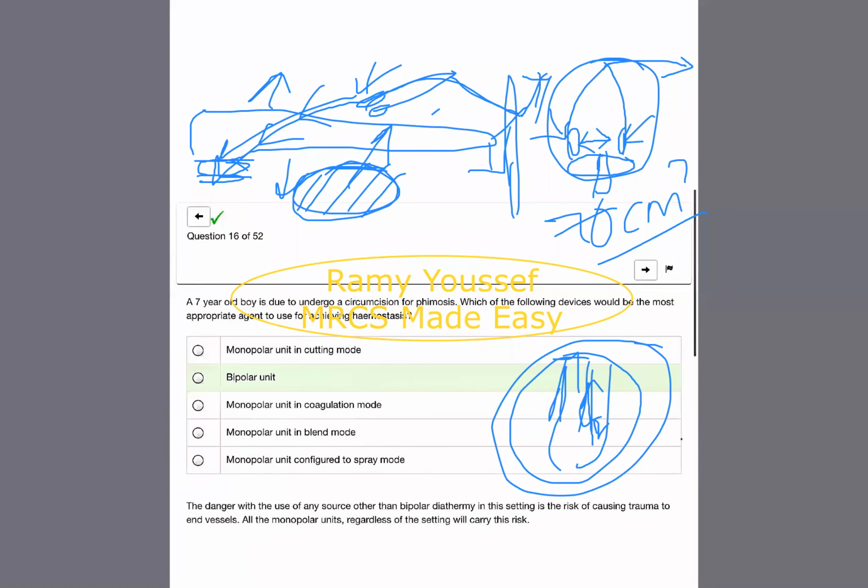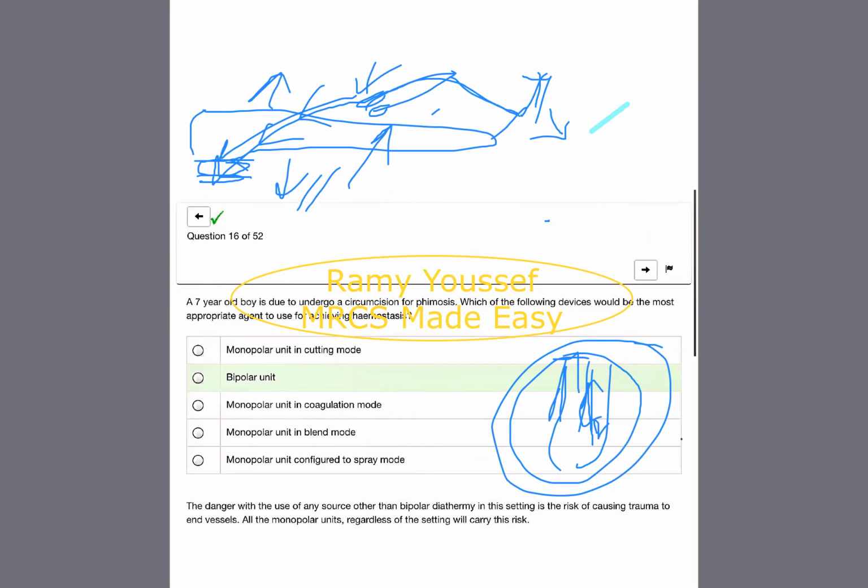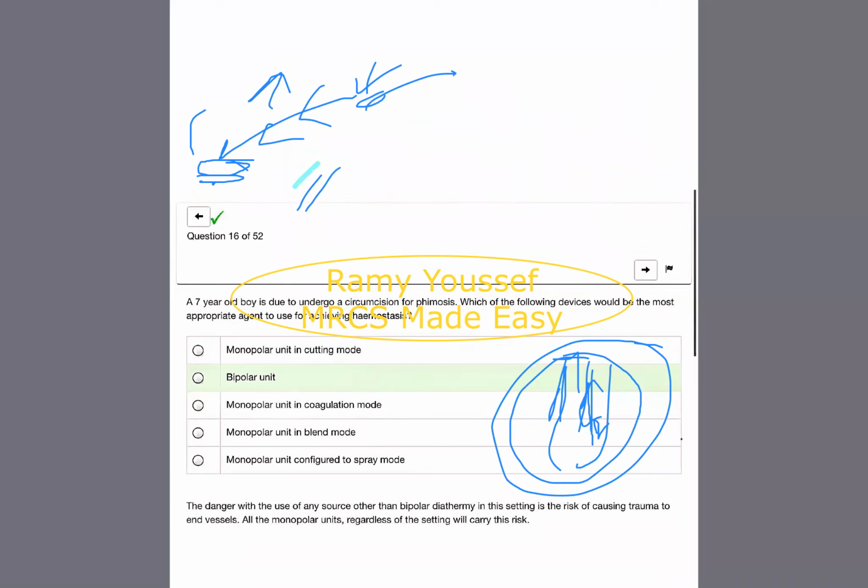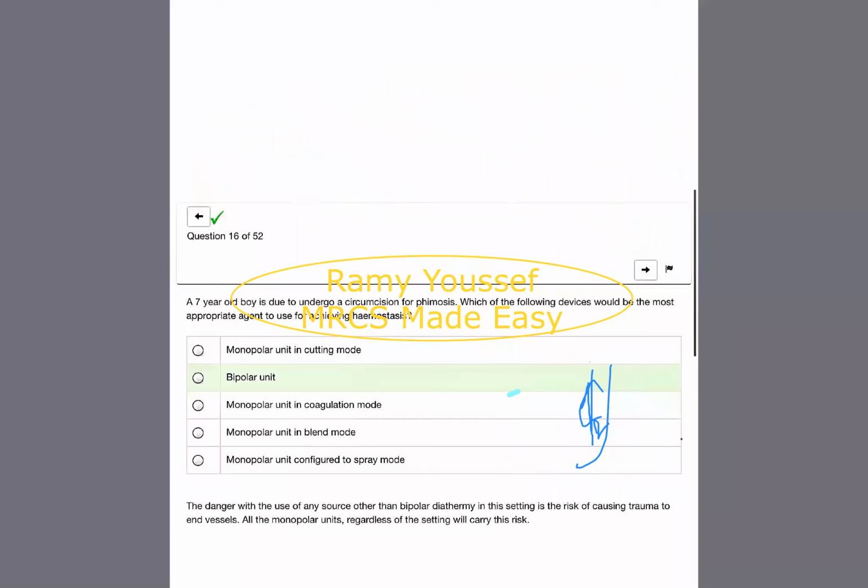So you can't use monopolar in an end artery because it's a catastrophe, especially in circumcision and the child and the very small, very narrow blood vessels. So you can easily make thrombosis and coagulation of the vessel, and the patient can go through gangrene. Clear?